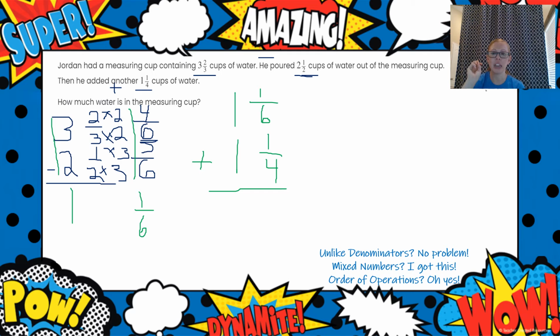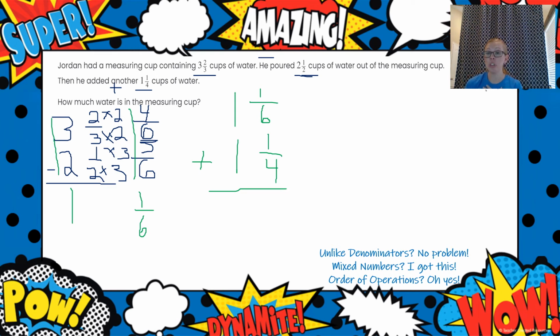4, 8, 12, 16, 20, 24, 28. Let's start there. Let's see if I say any of those same numbers as I count by 6s. 6, 12, 18, 24. I've heard 2 in common there. They have 12 in common and 24.